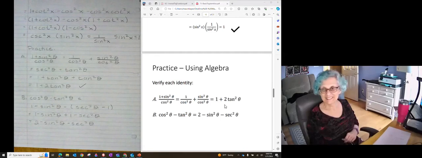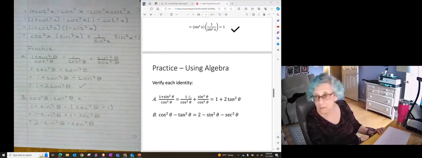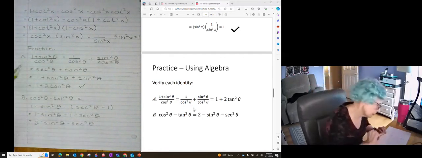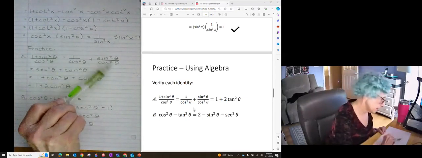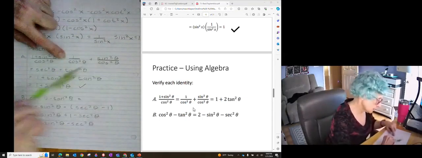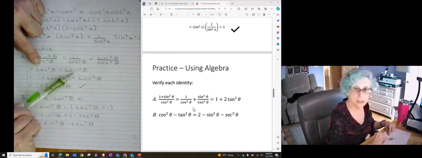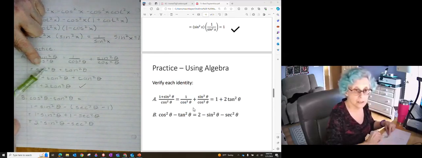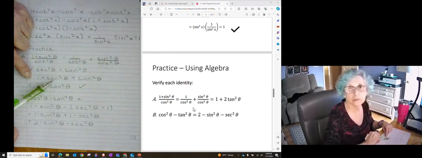How'd they go? So first one, I kind of set you on the path because the first little step here was just saying, hey, let's divide this into 2 pieces. So we divided it into 1 over cosine squared and sine squared over cosine squared. But that's secant squared and that's tangent squared. But secant squared is equal to 1 plus tangent squared. Thank you, Pythagoras.